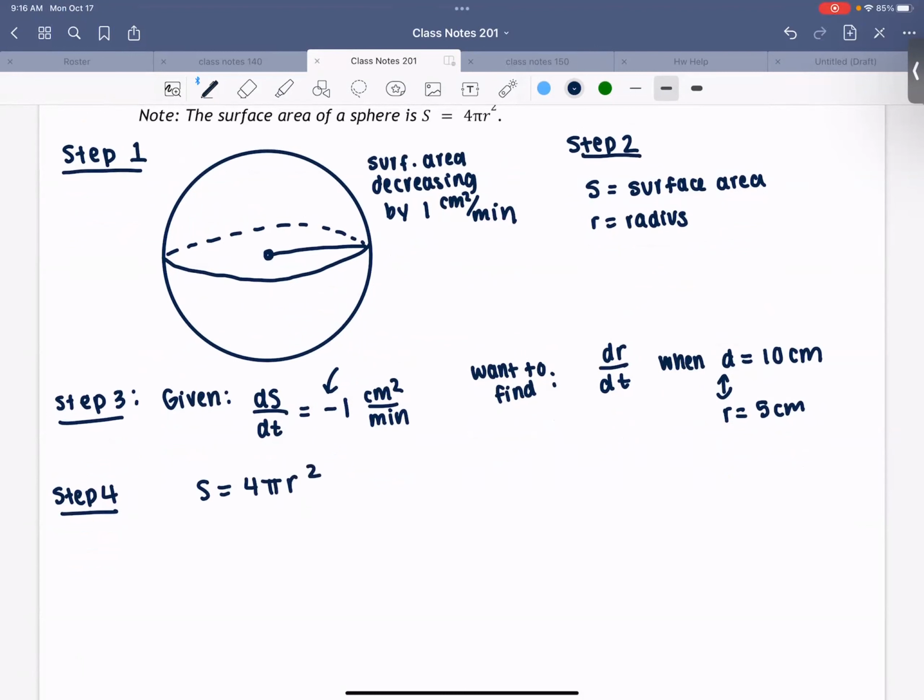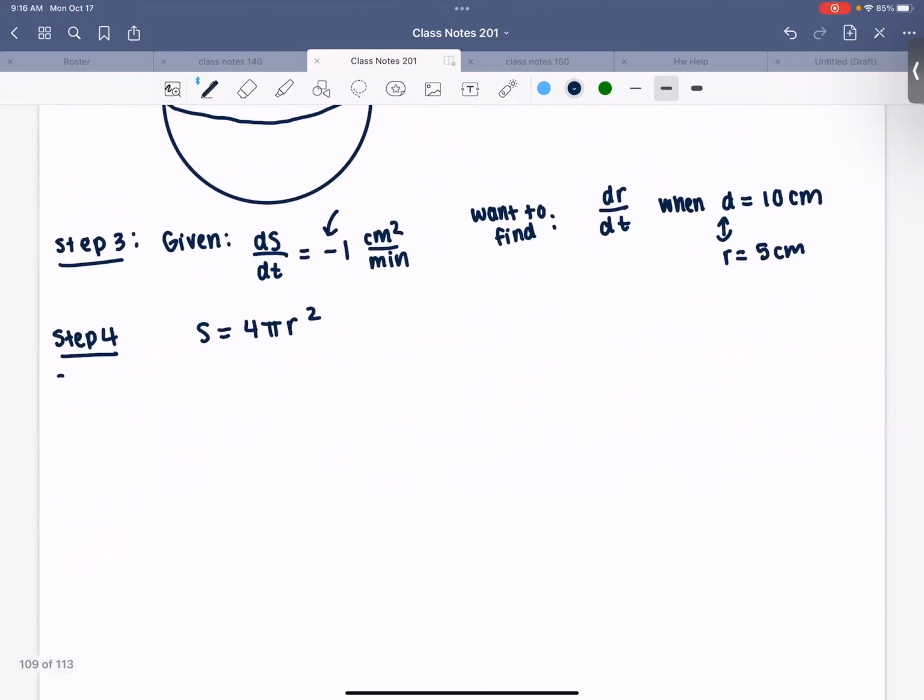Okay. Moving on to step number 5. We're asked to actually take the derivative of our equation. Let's do that. So what's the derivative of S with respect to t? Perfect, dS/dt. On the right-hand side, we have a 4 pi, which is just a constant. So I guess I can put that on the outside. What's the derivative of r squared?